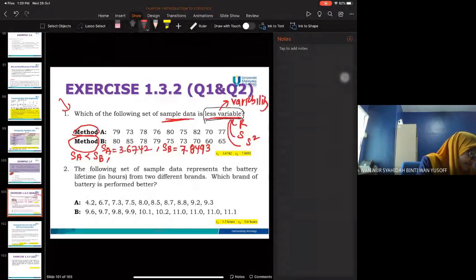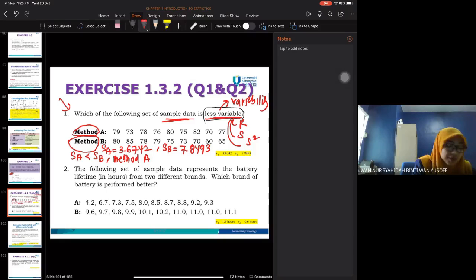So what is method A, if we use the term variable?